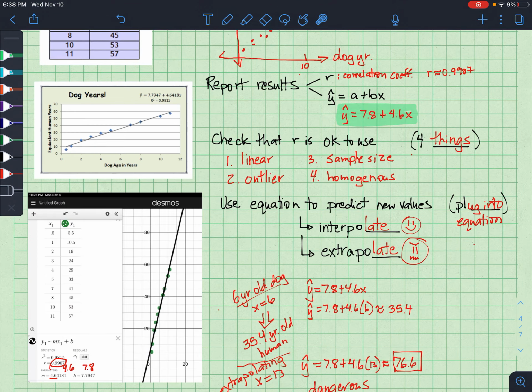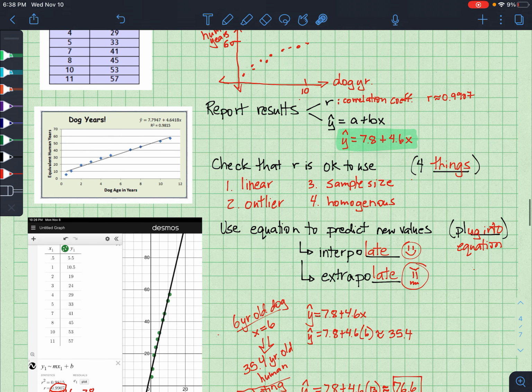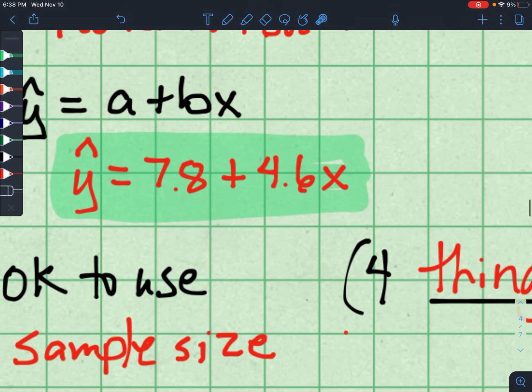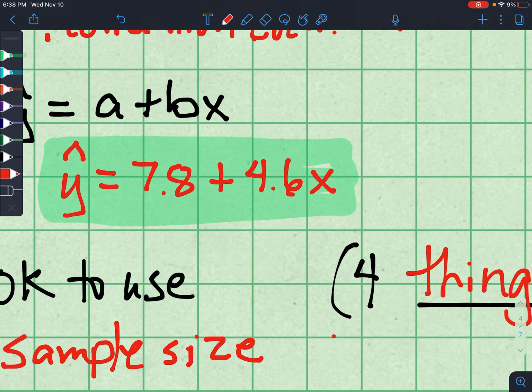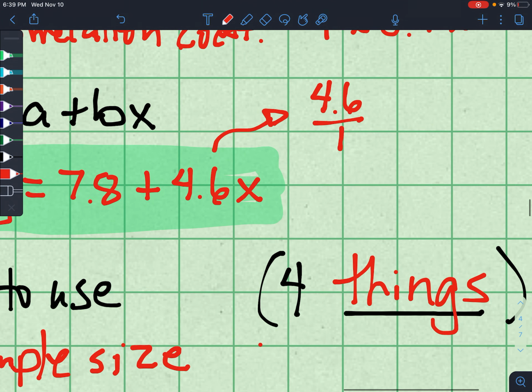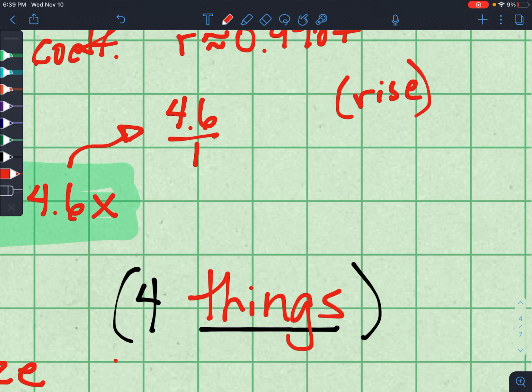Last thing I want to do before I walk away from this is they may ask you to interpret your slope. So let me do that. What does the slope mean? Slope, you recall, is a ratio of the rise over the run. So ask yourself, which variable is the rise variable? Which variable is the run variable? Hopefully you remember this is the y's and this is the x's.